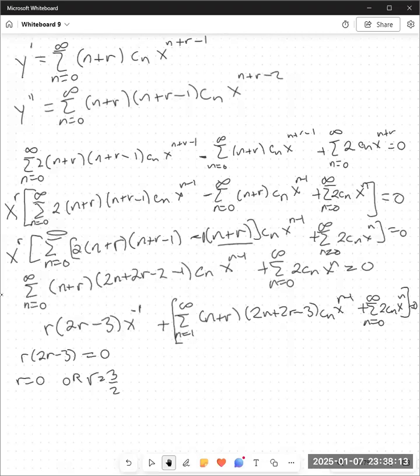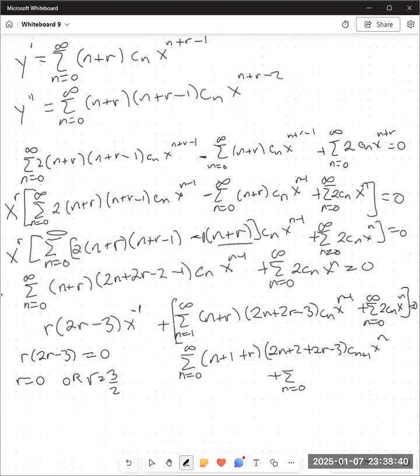Let's go ahead and break this piece down though, where we're going to make this the sum from n equals 0 to infinity of n plus 1 plus r times 2n plus 2 plus 2r minus 3, c sub n plus 1, x to the n, plus the sum from n equals 0 to infinity of 2 c sub n x to the n equals 0.